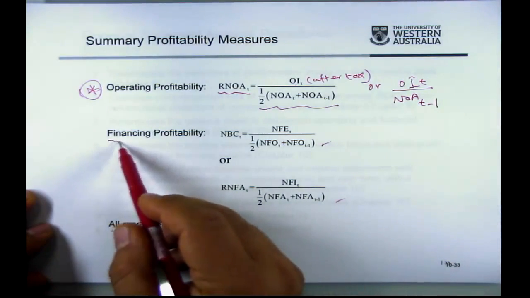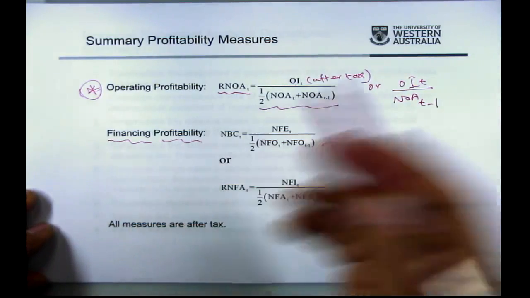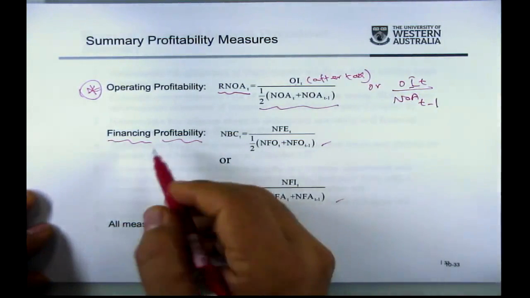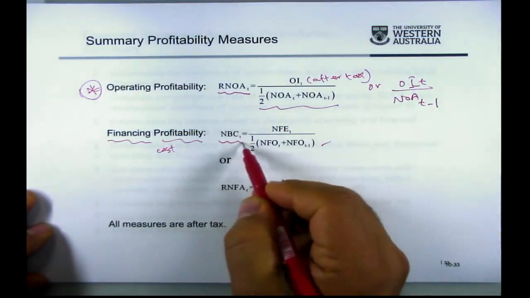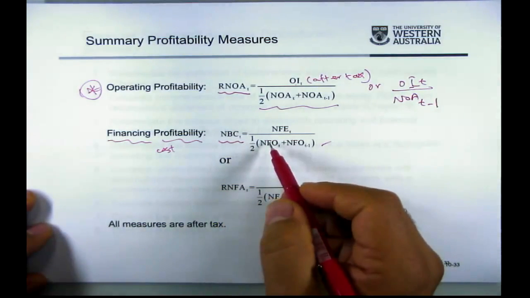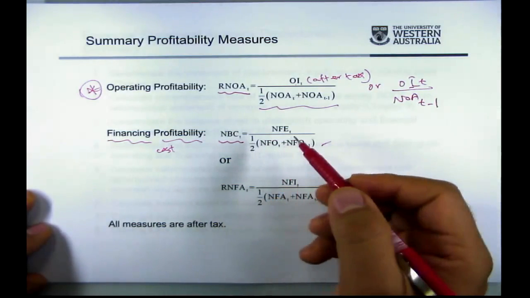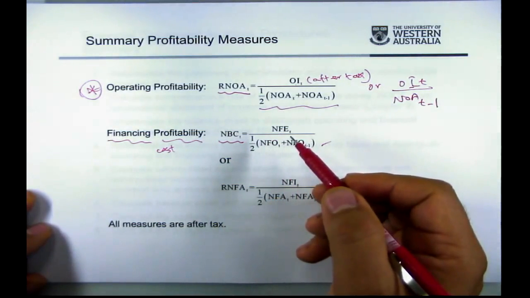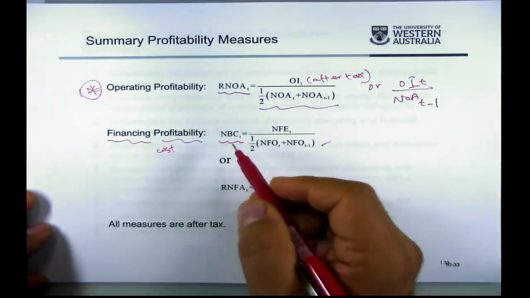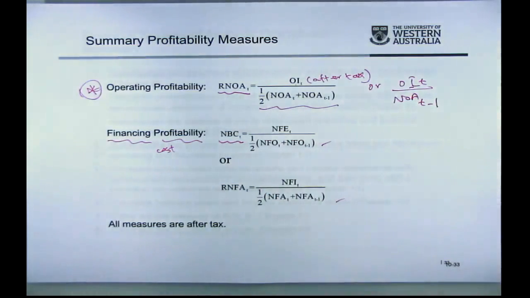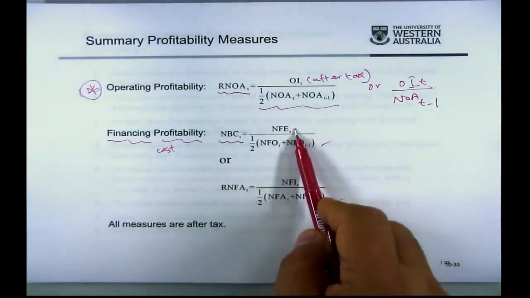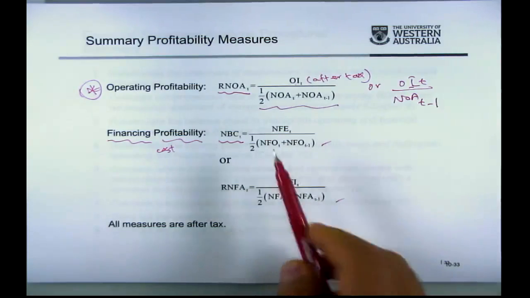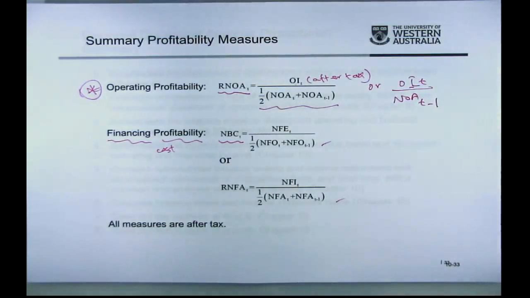There is also financing profitability or measure of the financing cost. What is the NBC, by the way? Net borrowing cost. That's true. It is not the National Broadcasting Company. It is the net borrowing cost, and that is equal to net financial expense divided by the average net financial obligations or the lagged.